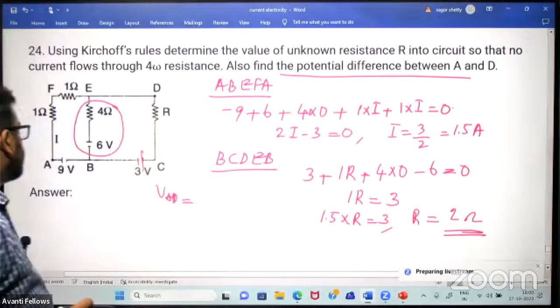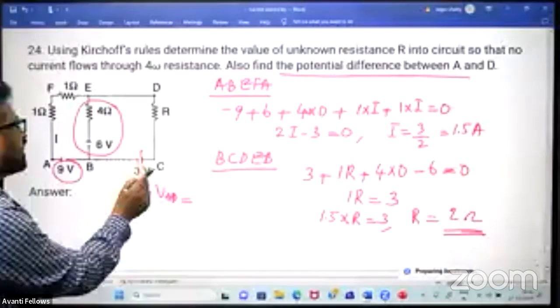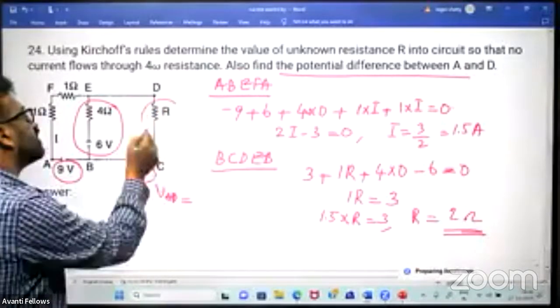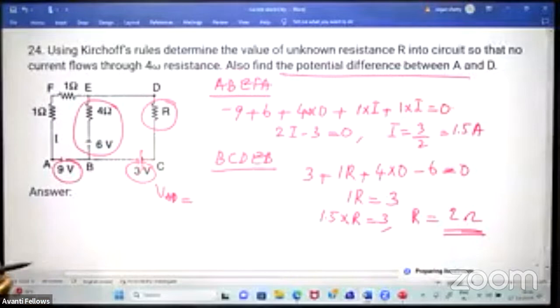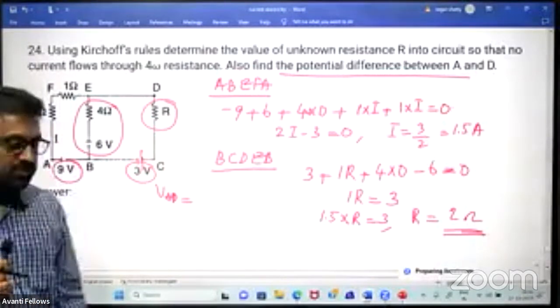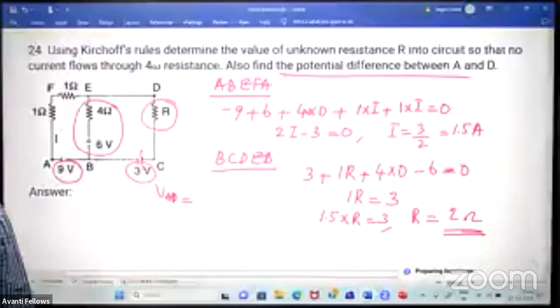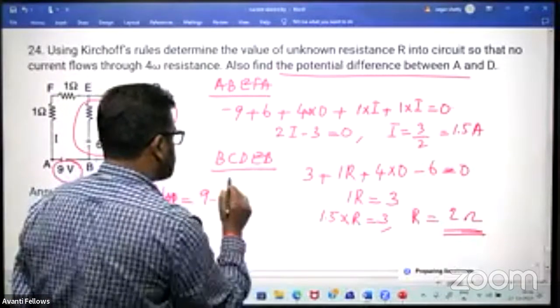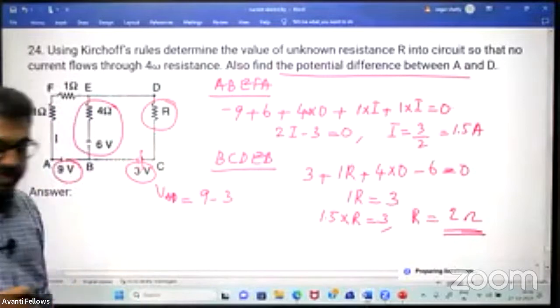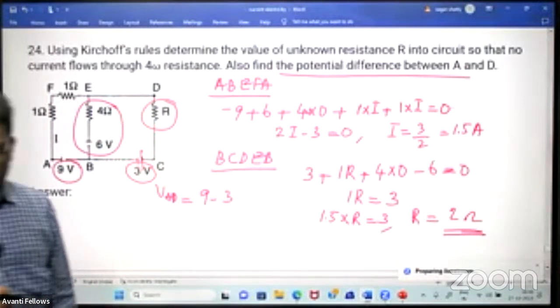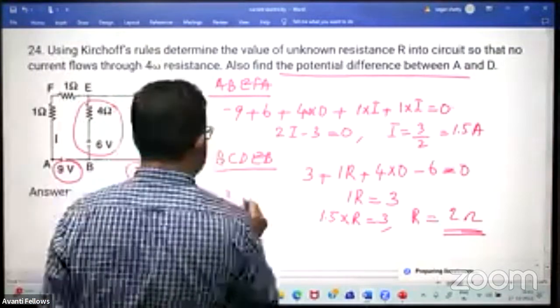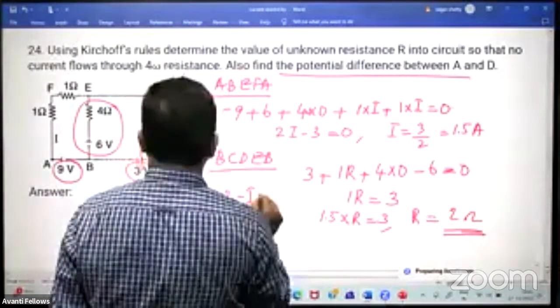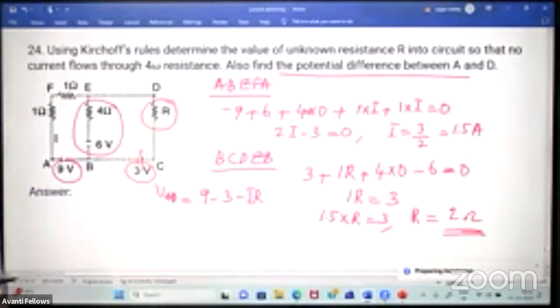Between these two points, we have 9 volt, 3 volt, and a potential drop across the resistor R. The 9 volt is positive here, then the 3 volt is negative. So 9 minus 3 minus IR.